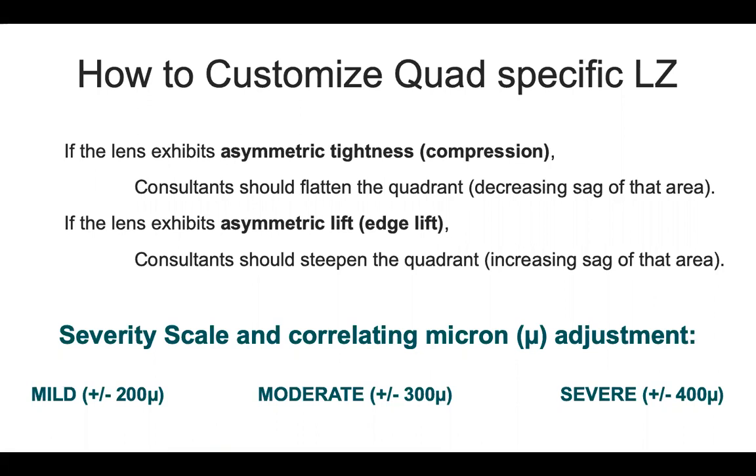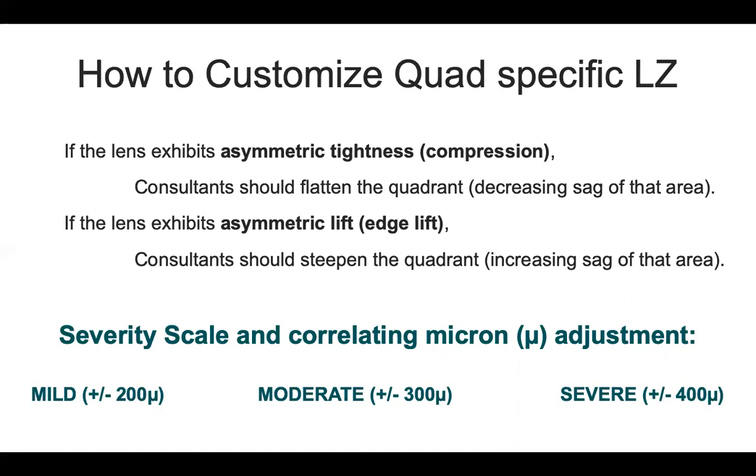Below are the values of micron change that we may add to any particular design, where mild would be plus or minus 200 microns, moderate would be plus or minus 300 microns, and more severe changes would be plus or minus 400 microns.